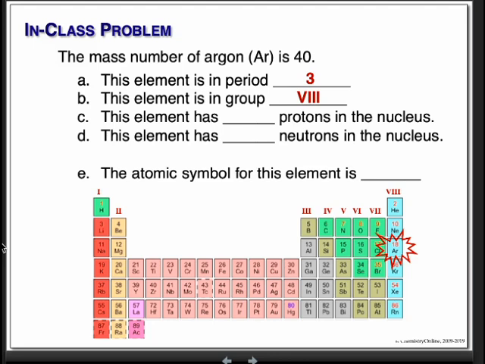Atomic number 18, so 18 protons. If the mass number is 40, we must have how many neutrons? 40 minus 18, 22. And finally, our symbol. We would write Ar, superscript 40, subscript 18. Yep.